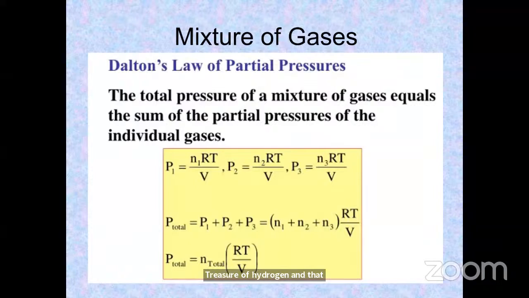Now, we already know from our ideal gas equation that PV equals nRT. Because we are now talking about pressure, we'll make pressure the subject of the formula.